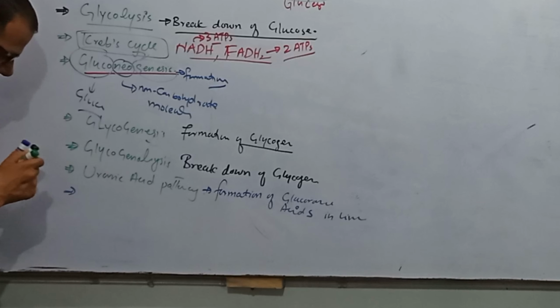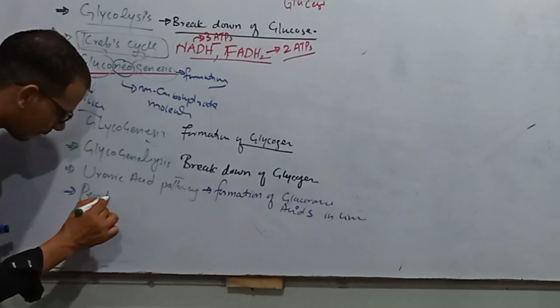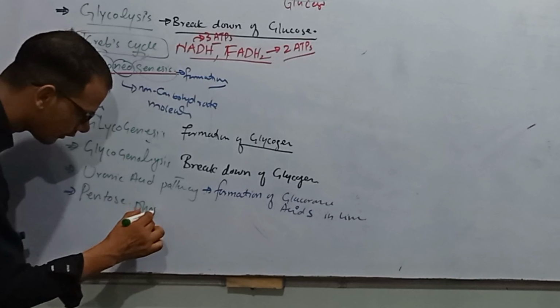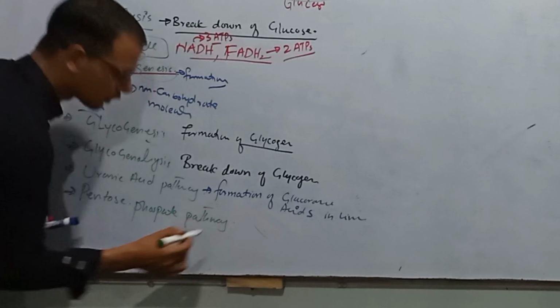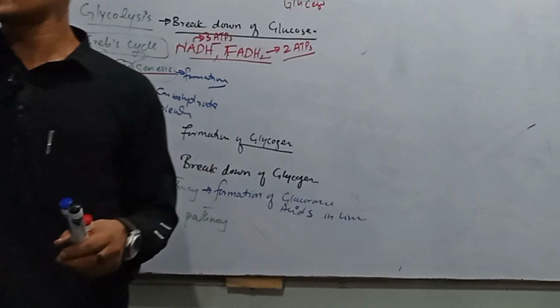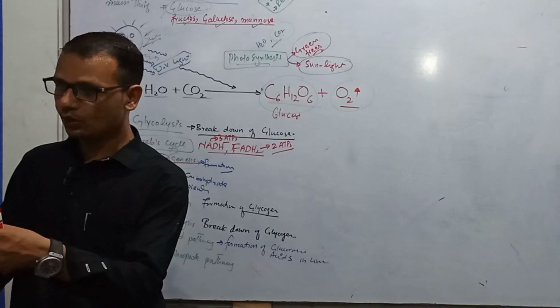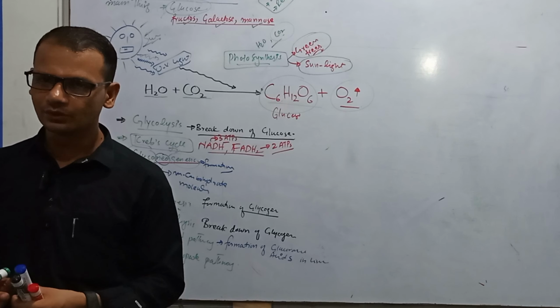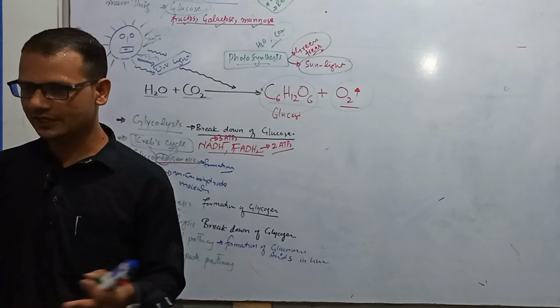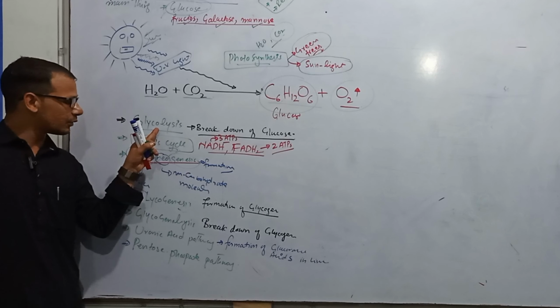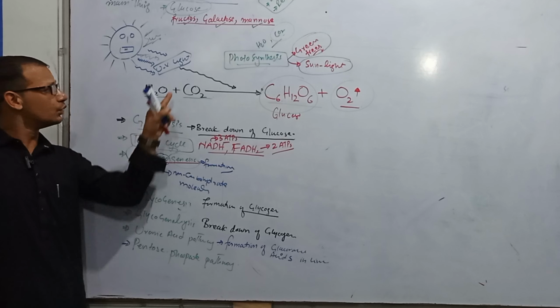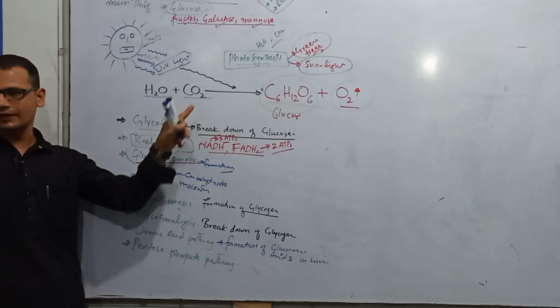The next reaction is the pentose phosphate pathway. What is the pentose phosphate pathway? This is the reaction by which glucose is directly converted into carbon dioxide and water, right? Here carbohydrate is not converted into water and carbon dioxide directly in the other pathways.